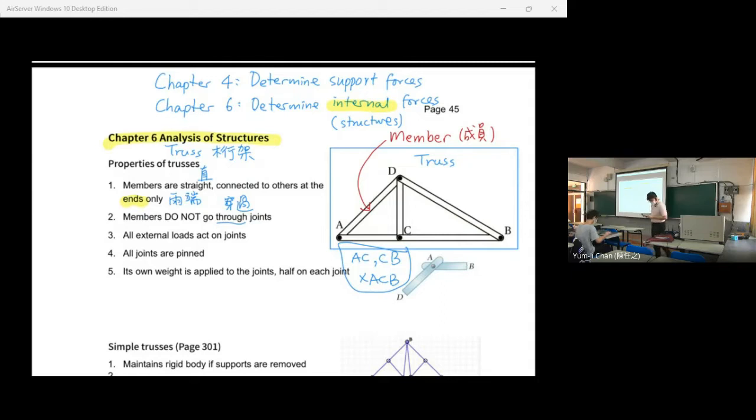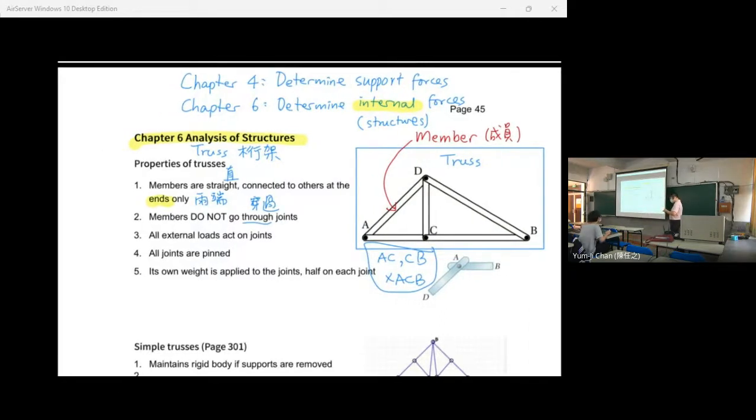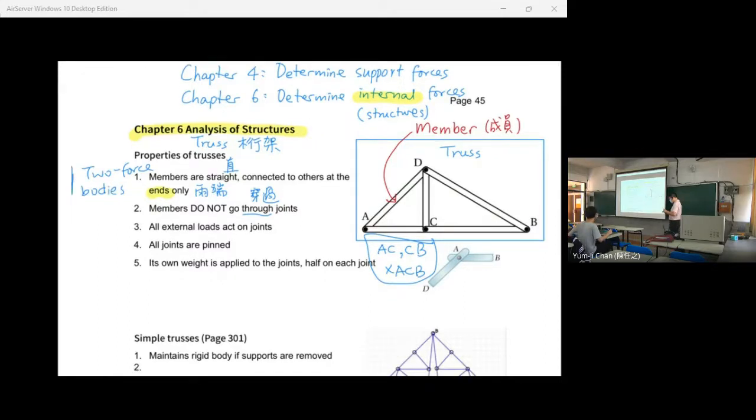What are these structures? Two force bodies, okay? All members in a truss are two force bodies.